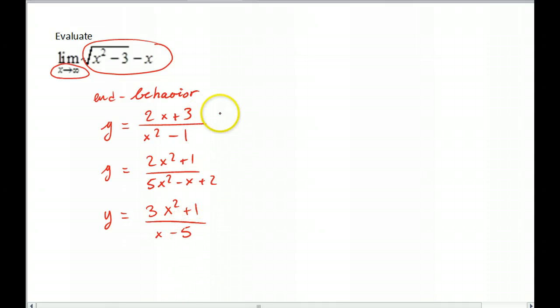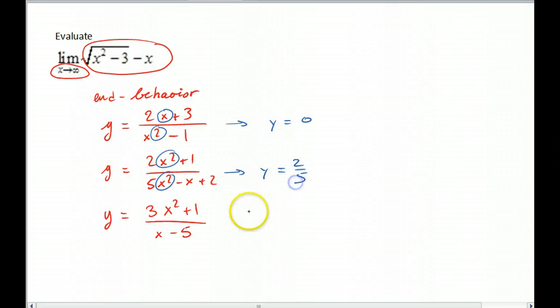You know that when the numerator has a degree smaller than the denominator, then the horizontal asymptote is y equals 0. When the numerator has the same degree as the denominator, the horizontal asymptote is the ratio of the leading coefficients.